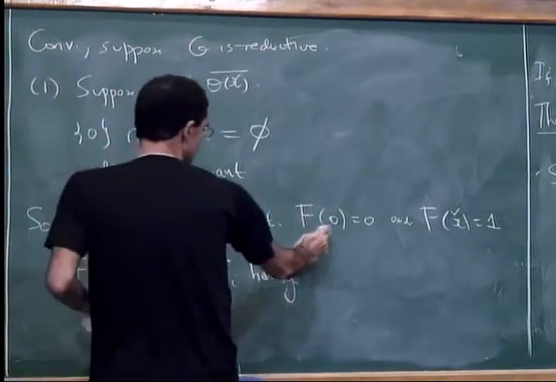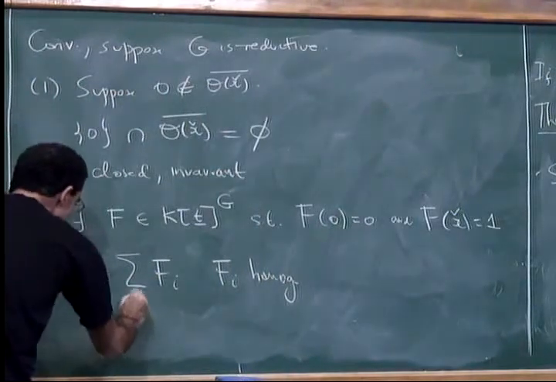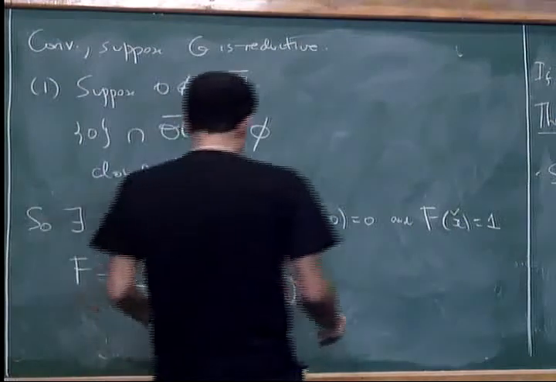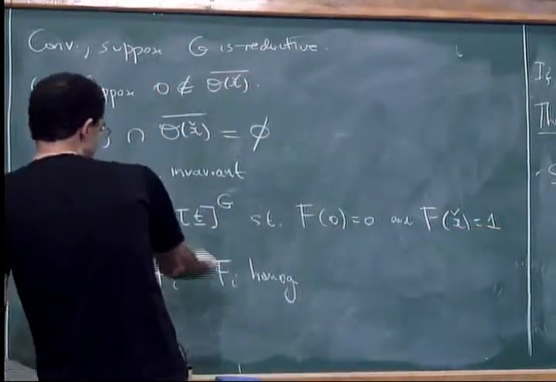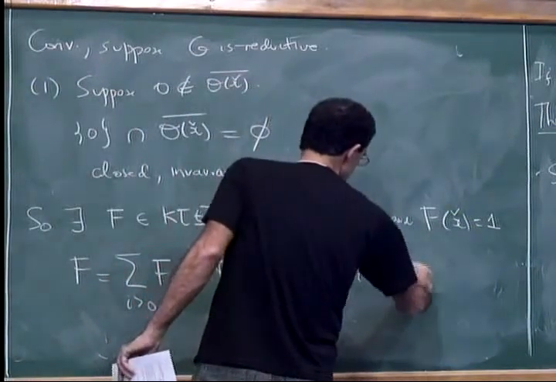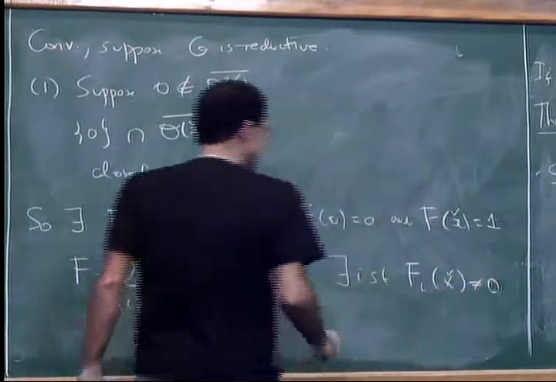And since f of 0 is 0, there is no constant term. But then, if f of x hat is 1, it means that one of these guys is non-zero. So there is an i such that f_i of x hat is different from 0.